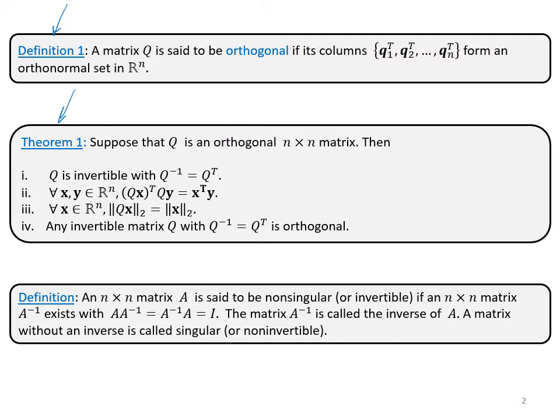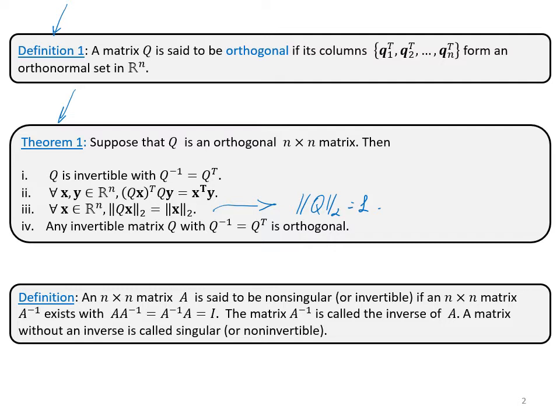Property 3 states that for any vector x from Rn, the L2 norm of vector x multiplied by matrix Q from the left equals the L2 norm of vector x. This particular property immediately implies that the L2 norm of matrix Q equals 1.